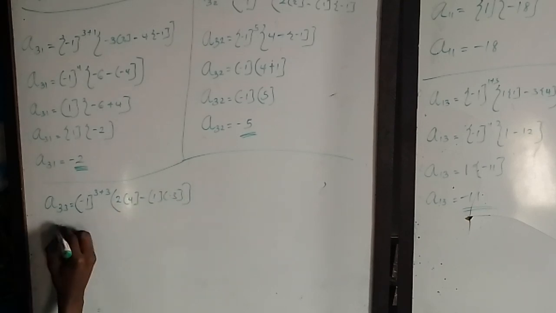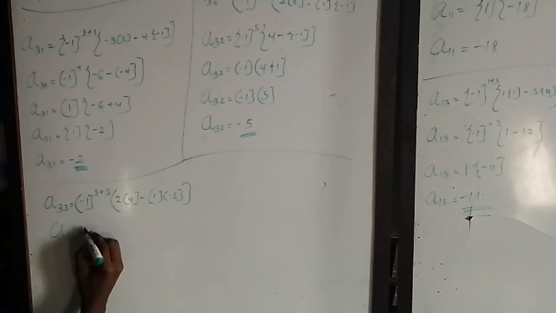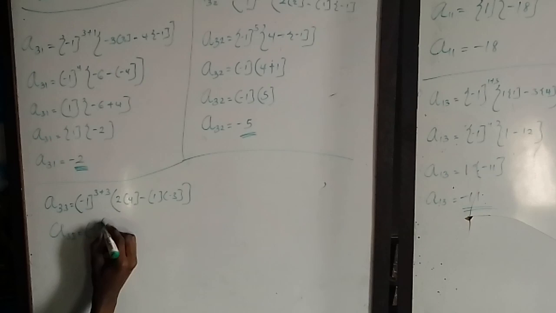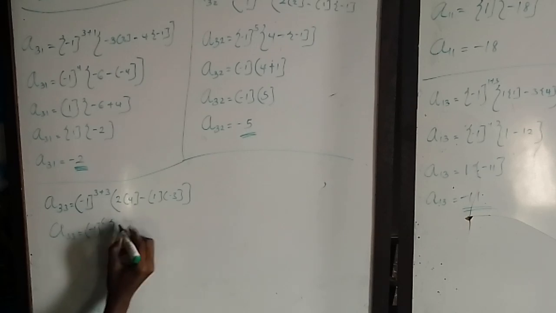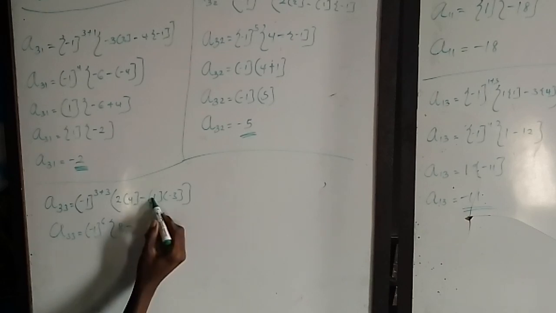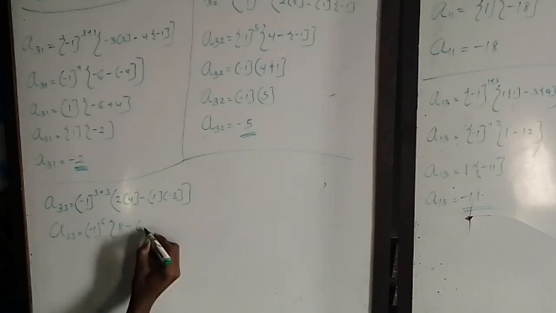So you are going to say A33 equals to minus 1, 3 plus 3 is what? 6. So you open your bracket. This time 2 times 4 will give us 8 minus 1 times 3 will give us minus 3.